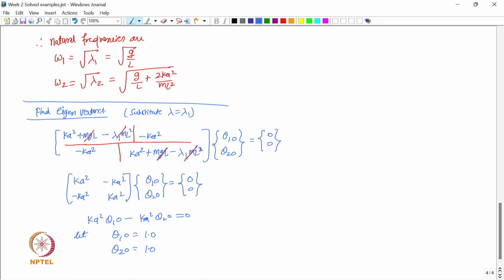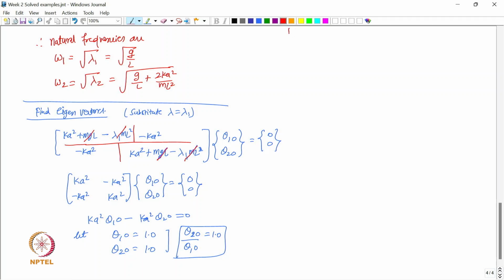The other way to state this is that I can solve this equation only for the ratio: θ20 upon θ10 is equal to 1. This is the only solution I am able to get. I can assign any value to θ10 and get the corresponding value of θ20 from this ratio. So this is basically what we get as the eigenvector.